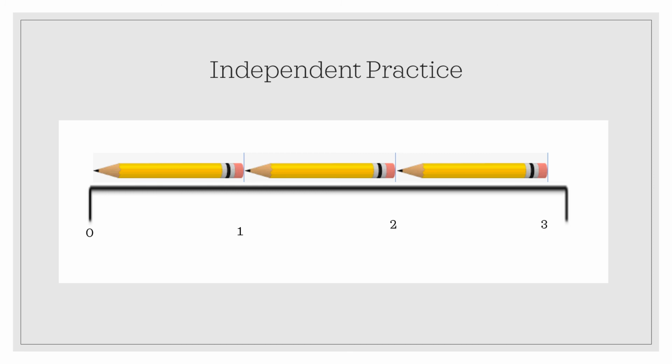All you're going to do in your iReady lesson is identify halves on the number line. 0, 1 whole. What will be half right here in between 0 and 1? So this is 0, half, 1 whole. Good, this was 1 1/2.